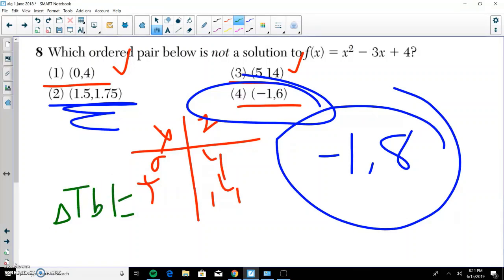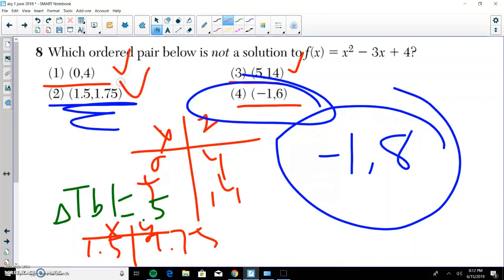Type in 0.5. Then go to second table again, and you see 1.5. You scroll down a tiny bit, you'll see 1.5, 1.75. So that shows that that's right.